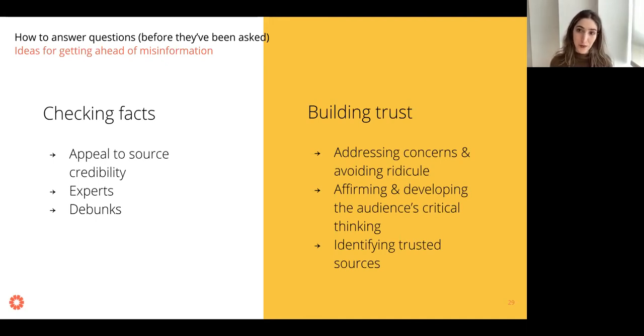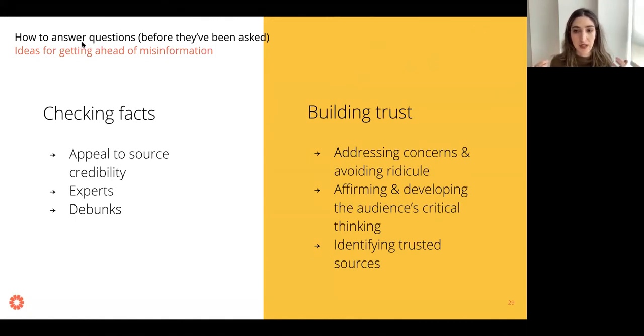What it doesn't work very well with is people who don't naturally have that trust in either your organization or even in elite sources of information, or official sources of information, right? We talk a lot about this crisis of trust in news, crisis of trust in institutions, right? So appealing to source credibility doesn't necessarily solve that problem, right? The other idea that we can build on is building trust with audiences, right?